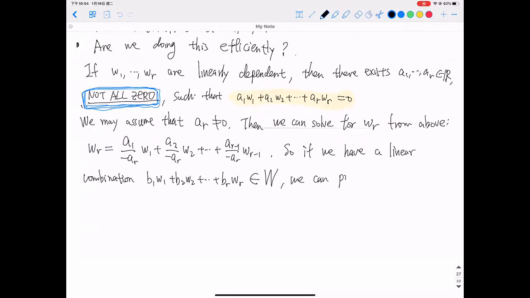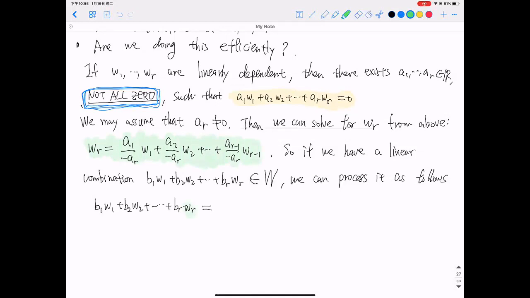We can process it as follows. The vector to begin with is B1 W1 plus up to BR WR. But I know that WR is written as a linear combination of W1 through WR minus 1.